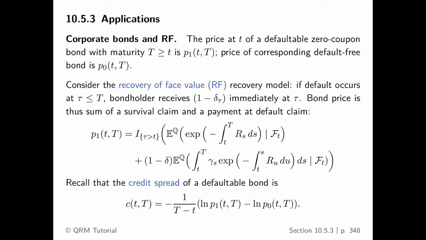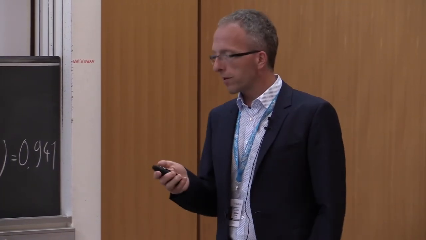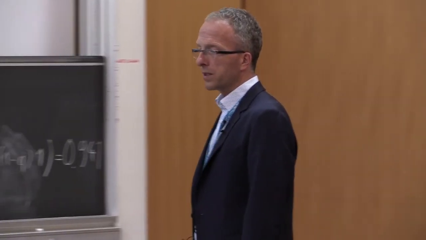Applications: you can apply this to corporate bonds, and we can compute these prices. What is maybe interesting here is that we can also compute credit spreads. And what is interesting is that if you look at credit spreads over short time horizons, or here at instantaneous credit spreads where you really look at the spread of a bond which has maybe a day to go, but it's an approximation for a 2 or 3 month spread, you see that this spread is equal to loss given default times risk-neutral hazard rate, as we had that before for our CDS.